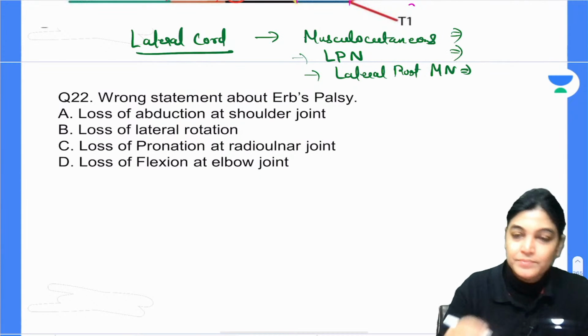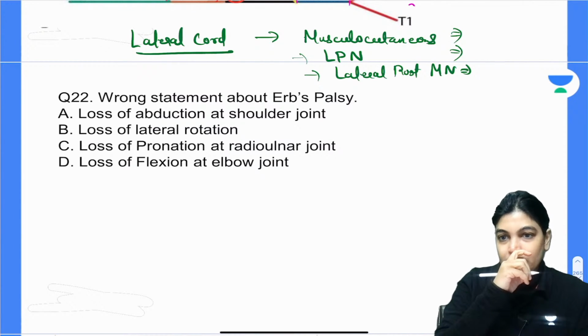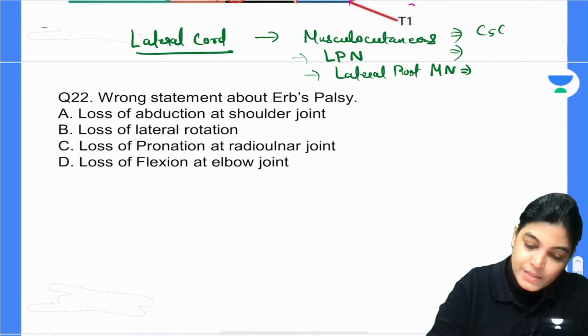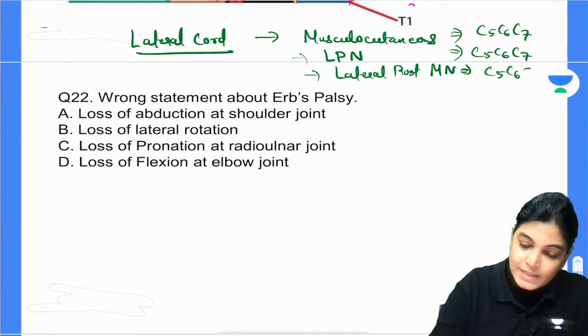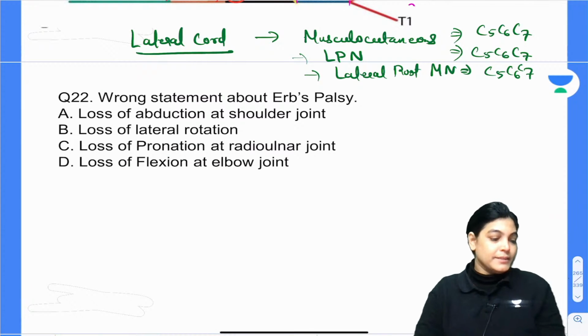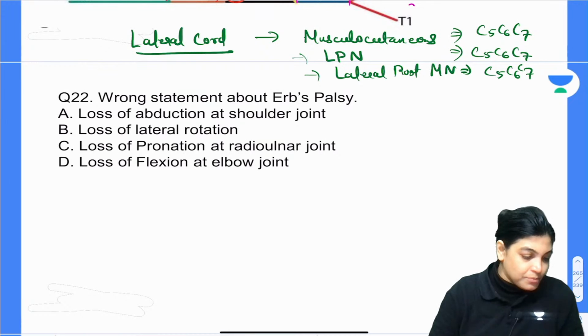All of these have C5, C6, C7. Is it okay? Okay. So, is it okay, Mohit?